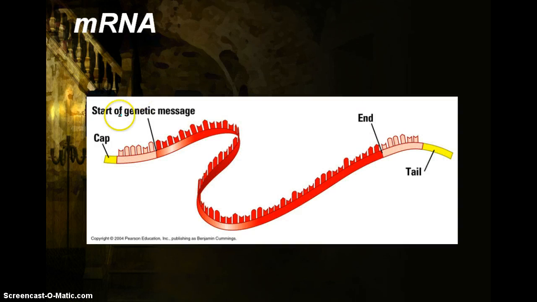Here's messenger RNA. Messenger RNA also, to protect itself from accidentally being digested or getting its message erased, has a protective cap and tail at either end. The actual message doesn't start until somewhere in the middle, right here. So there's the start of the actual message, and here's the end.